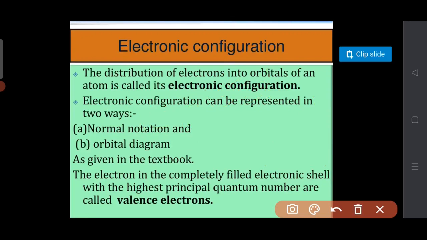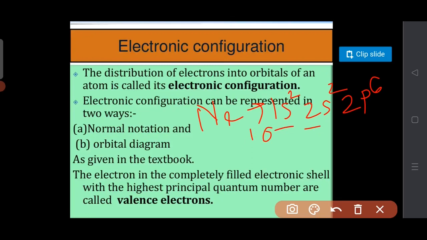We can also write, in the case of neon, 1s2 2s2 2p6, because neon has 10 electrons in total, so 2 plus 2 plus 6. After filling the 1s orbital, we go to 2s, 2p, after that 3s, 3p, 3d, 4s, then 4p, 4d, 4f.